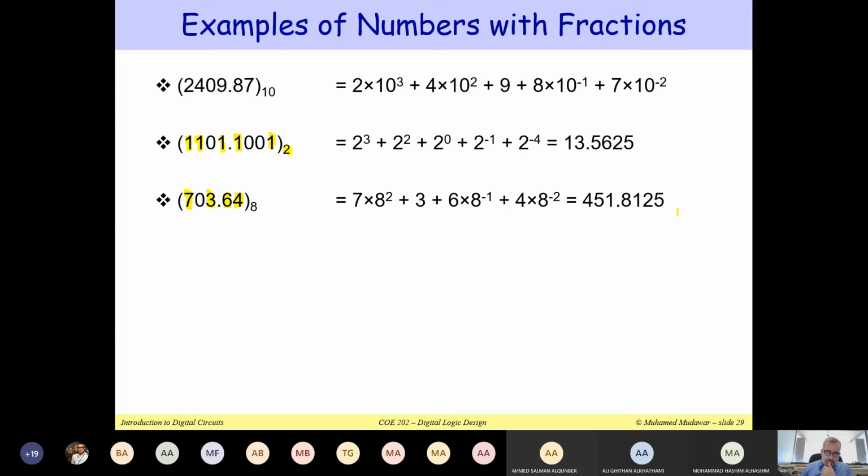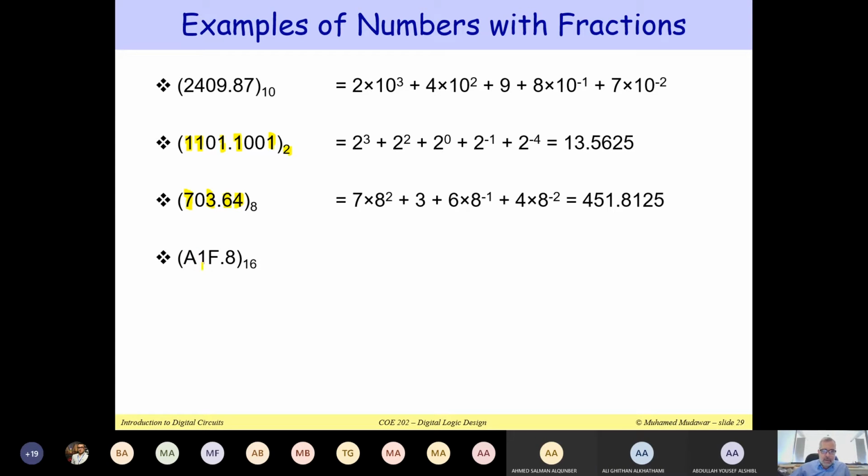I have more examples. Let us take a look at this one. This is hexadecimal. So what is A? 10. 10 multiplied by what? By 16 to the power 2, because we start here at 0. So this A here must be multiplied by 16 squared, which is 256.